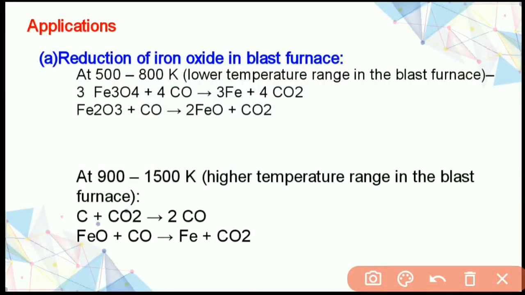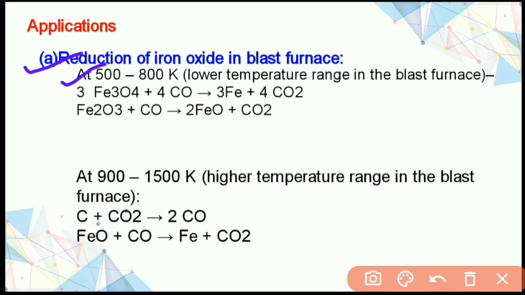Applications of the Ellingham diagram. The Ellingham diagram gives an idea about which temperature range a suitable reducing agent can be used to reduce a metal oxide into its metal. So, reduction of iron oxide in the blast furnace at 500 to 800 Kelvin, that is the lower temperature range in the blast furnace.